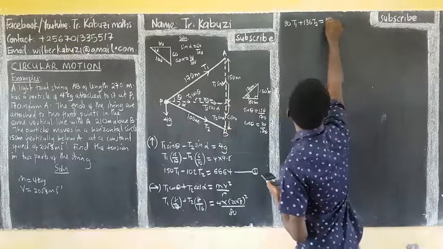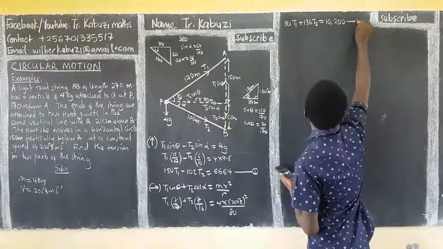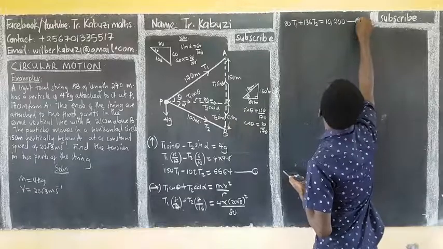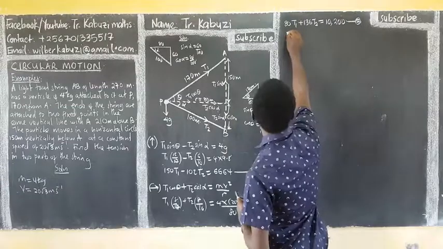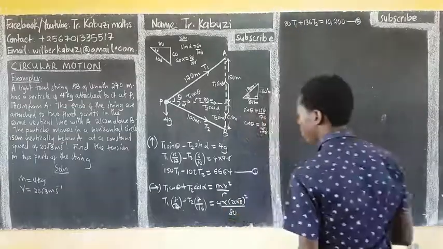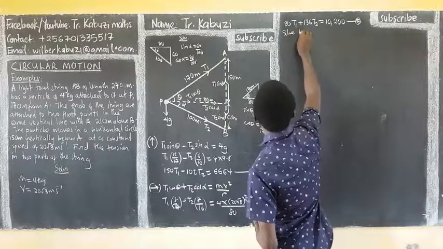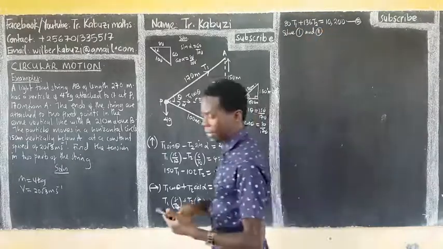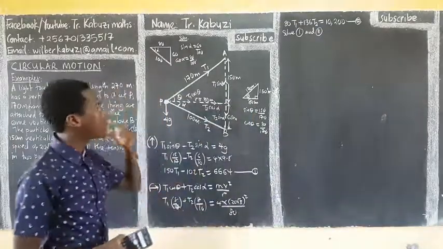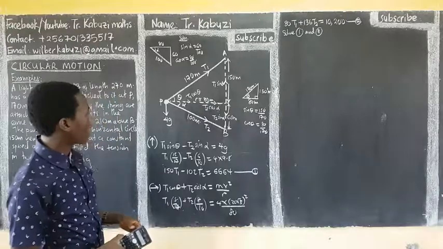So here we have 10,200. I call this equation 2. So equation 2. And then you can easily solve. So solving 1 and 2, I think everyone can solve two simultaneous equations. Let me pause and then I get the answers there.